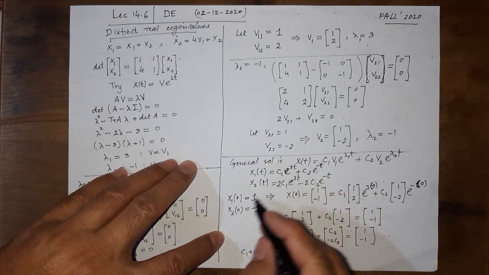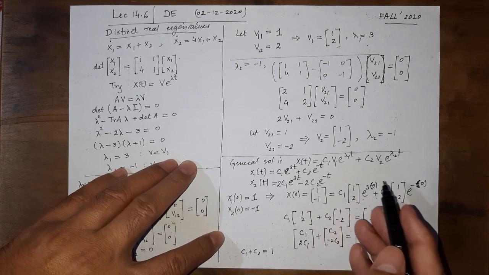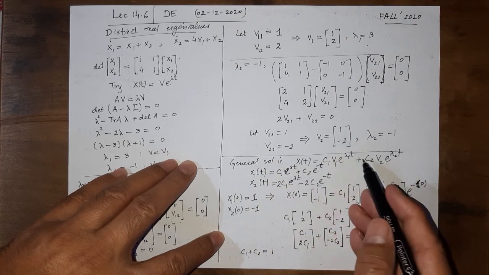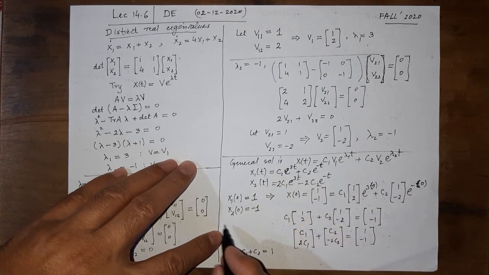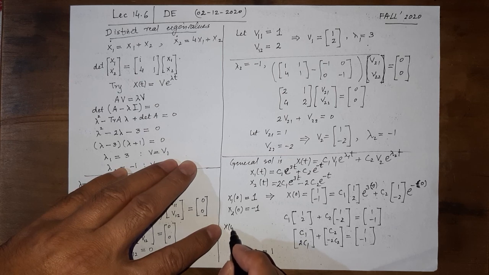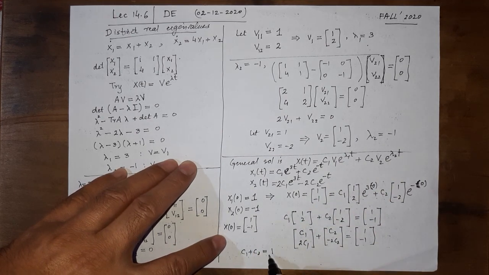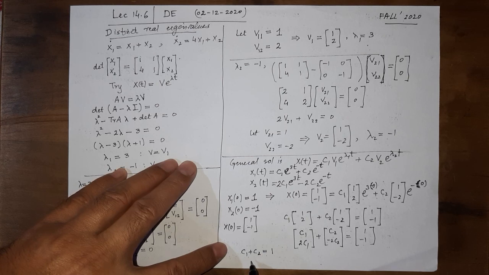We could have written this directly from here as well. However, if we are dealing with a larger system, this was just to describe what this means. So we can always make an initial condition vector as we have used here and just equate this with it, and then we can elaborate it in this way: c1 plus c2 is 1, and 2c1 minus 2c2 is equal to minus 1.